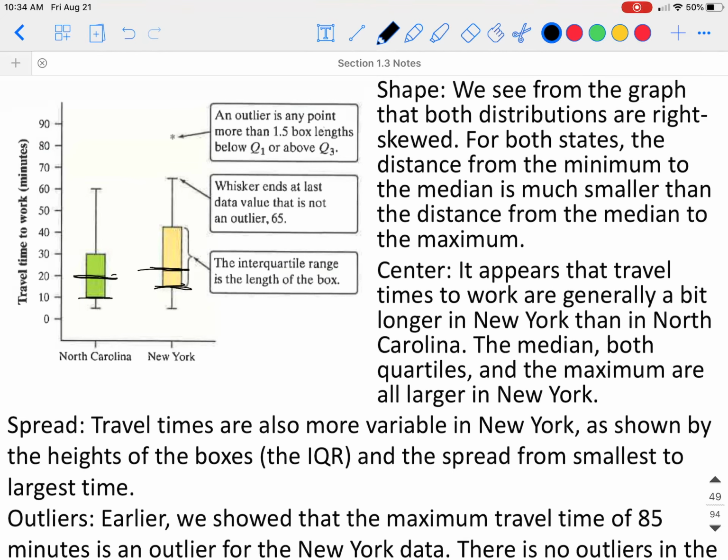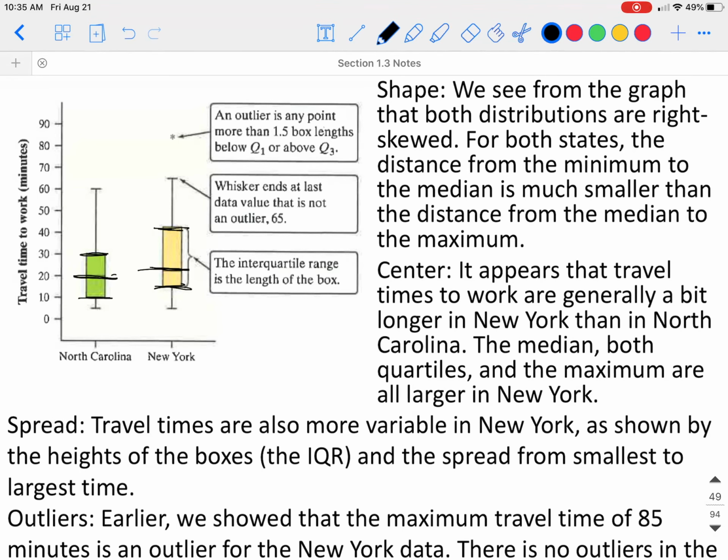The Q1 is higher for New York than North Carolina, and the Q3 is higher for New York than North Carolina. The spread, the travel times are also more variable in New York, as shown by the height of the boxes, which is the IQR, and the spread from the smallest to the largest.